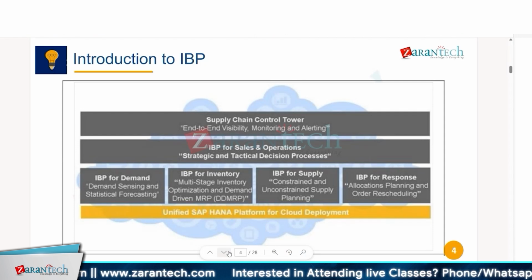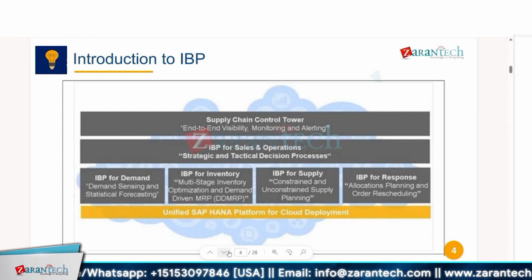So this forecast is now an output of the demand planning review, and then it is moved on to the next levels in the IBP process. As I said, it is the output of the demand review, but the input of the other processes.